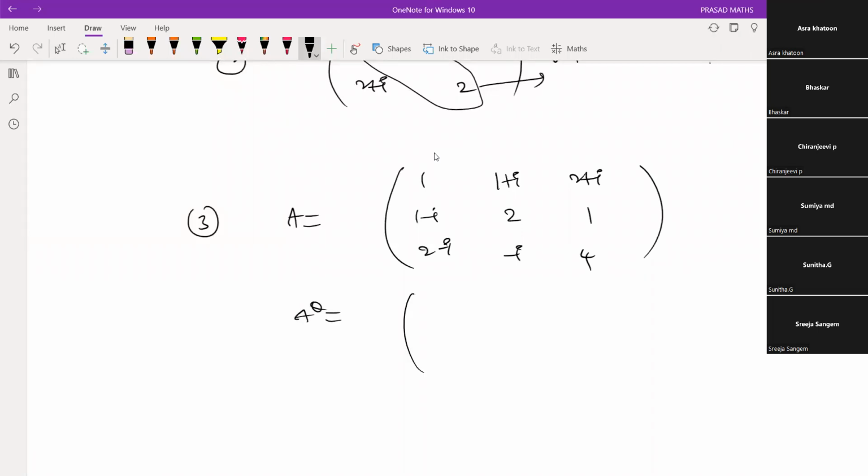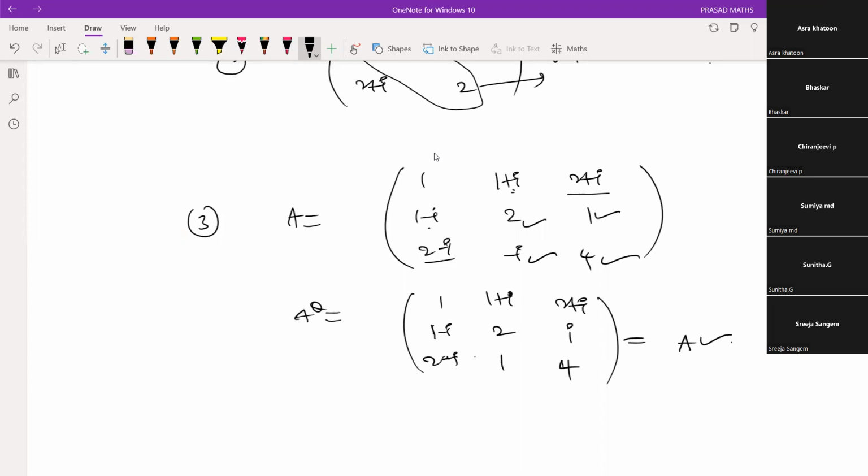What is the conjugate of this? 1 minus i. What is the conjugate of this? 2 minus i. What is the conjugate of this? 1 plus i. What is the conjugate of this? 2. What is the conjugate of this? 1. What is the conjugate of this? 2 plus i. What is the conjugate of this? i. What is the conjugate of this? 4. Is it A or not A?